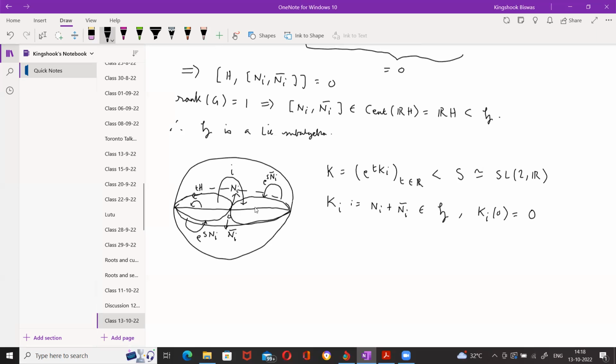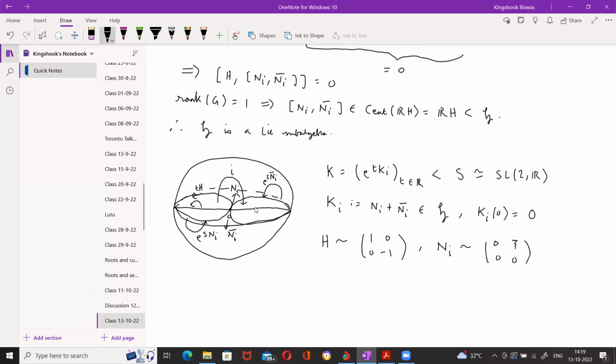In fact, if I identify these with matrices inside SL2R, then H is identified with the matrix (1, 0, 0, minus 1). N_i is identified with (0, xi, 0, 0).